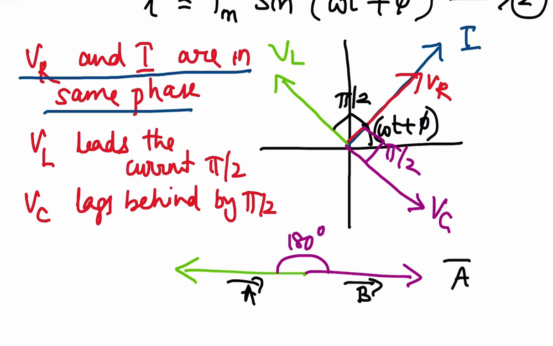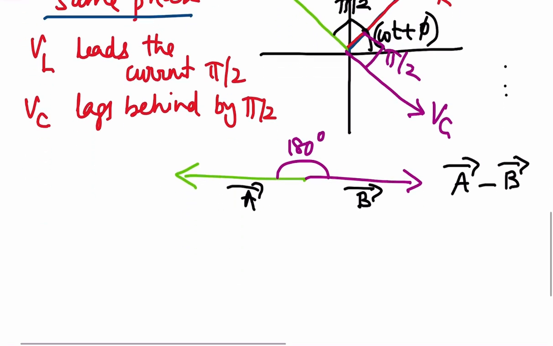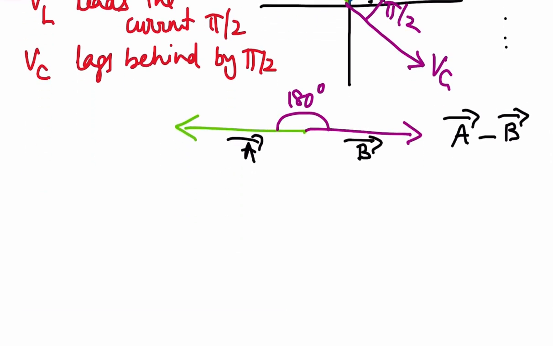In the same way, VL and VC are separated by 180 degrees because 90 plus 90. Then you can take a common vector by combining both of them, and we can reconstruct the circuit again.